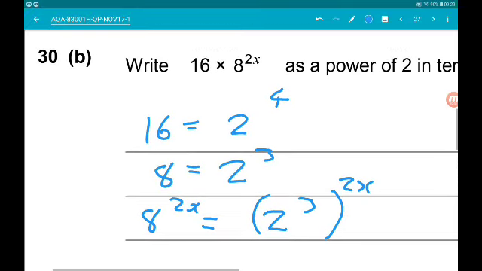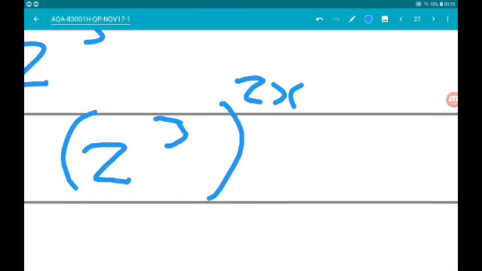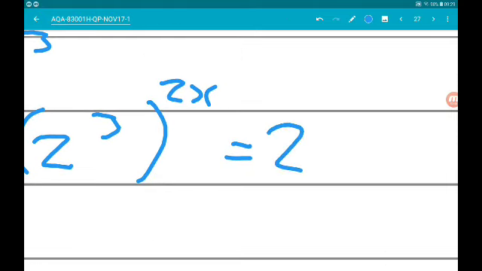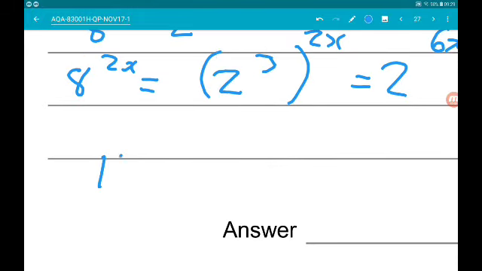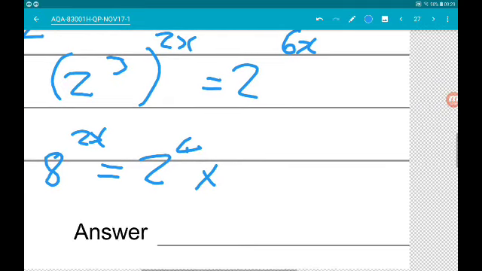In fact, we can simplify that. 2 to the power 3 to the power of 2x. When indices are separated by a bracket, they multiply together. So this is 2 to the power of 6x. So we can now write 16 times 8 to the power of 2x as 2 to the power 4 times 2 to the power 6x.